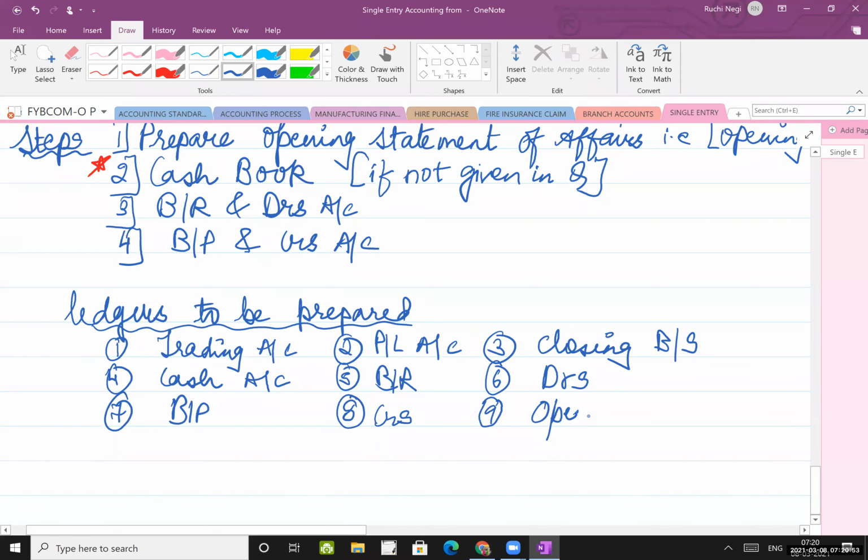These are the possible things that you will be preparing. Opening balance sheet is also known as opening statement of affairs.